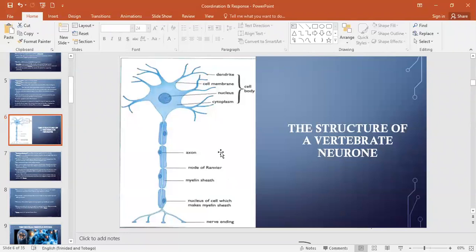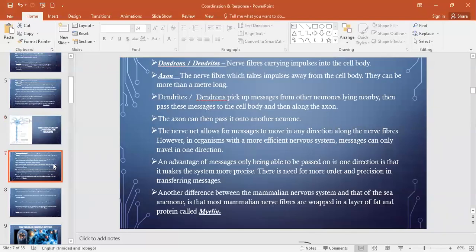But when you're dealing with the nerve net, which is the type of nervous system that you would find in smaller creatures, messages can be transmitted in both directions, in any direction actually. But that could be chaotic when you're dealing with a more complex organism.